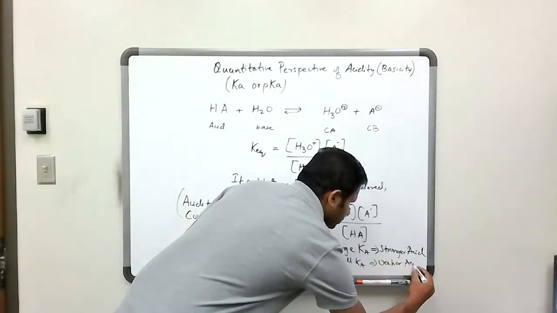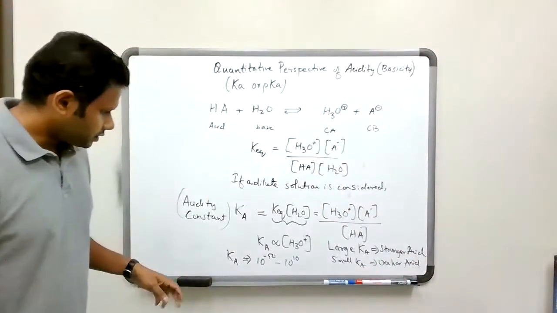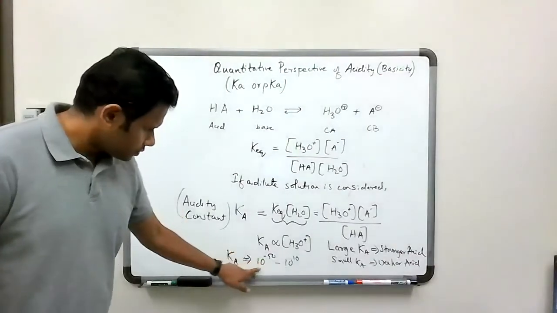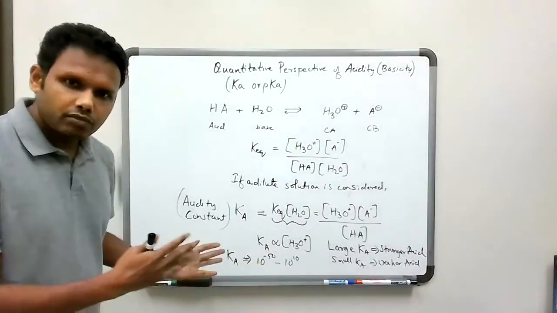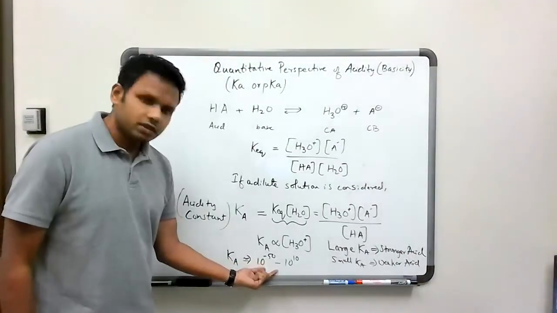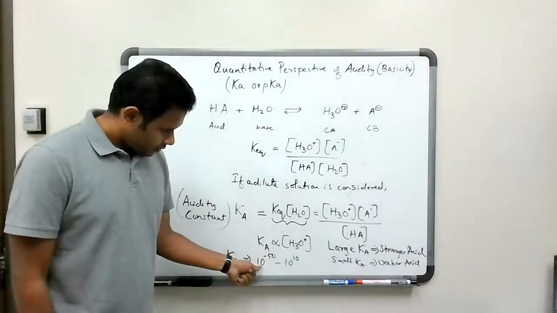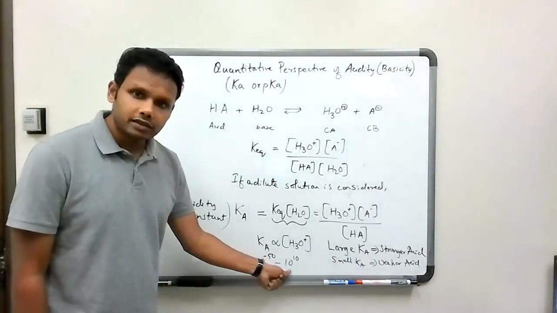So the question is, of these two extreme ranges that we are looking at right now, which one is larger and which one is smaller? I hope everyone is saying this is smaller, that is larger.